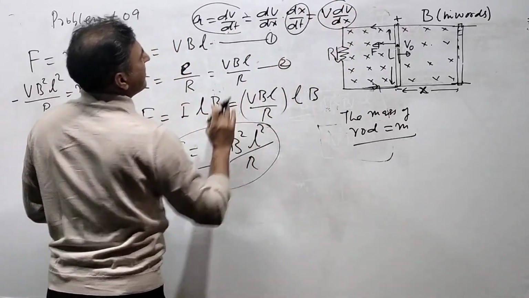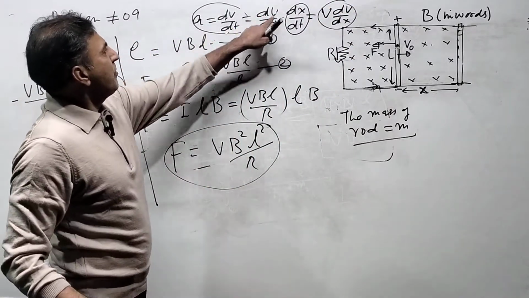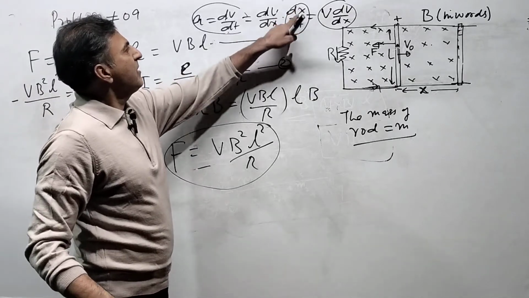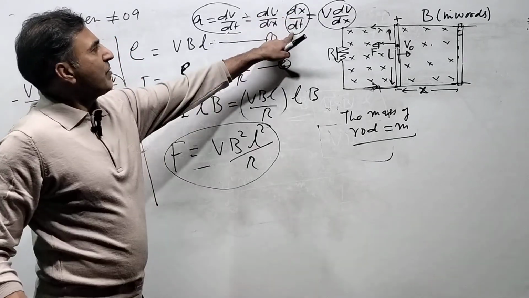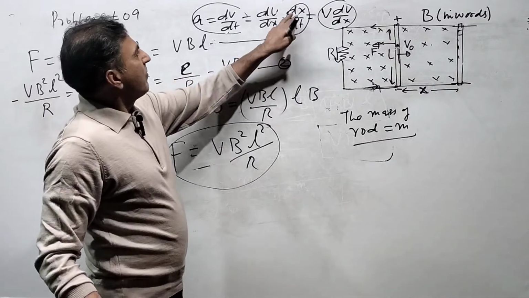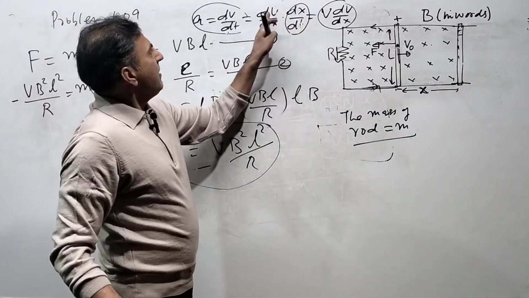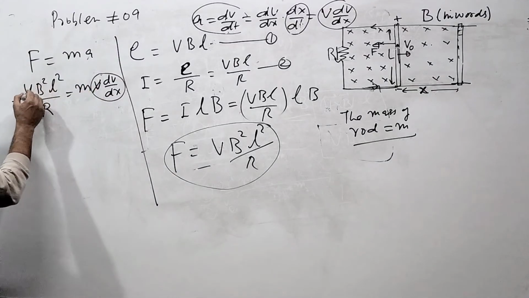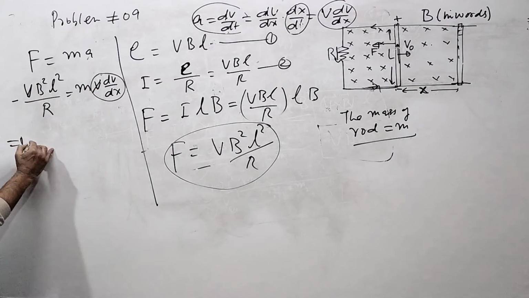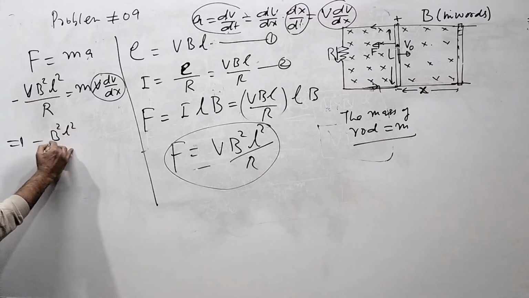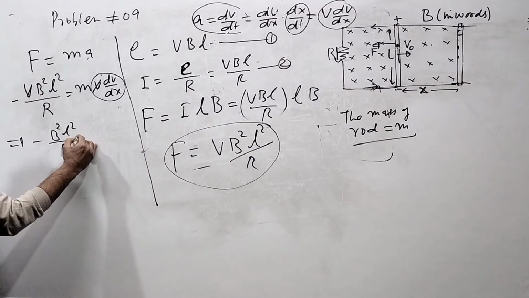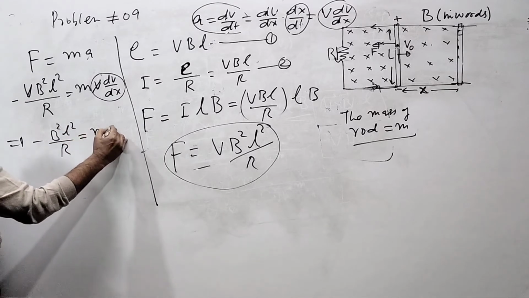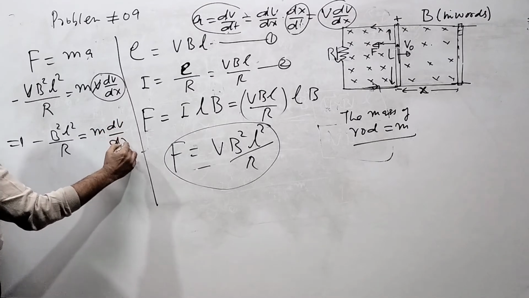So this is equal to this. dV by dt is dV by dx, and also write dx by dt so that this cancels and you are left with the same thing again. What is dx by dt? That is V, and dV by dx here. Now V and V cancel. What should I write? Minus B square L square by R is equal to M dV by dx.